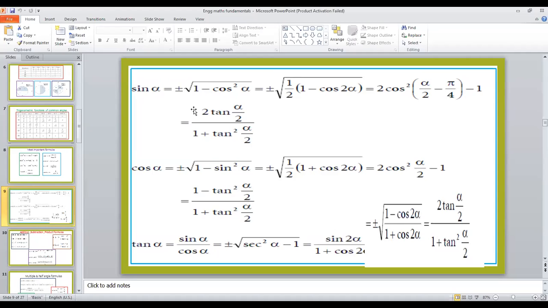What is sin 2 alpha? We'll discuss these formulas after studying the multiple angle formula.